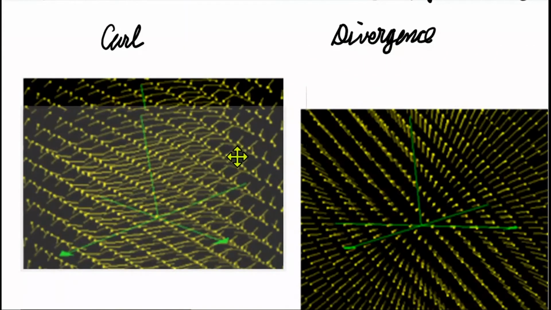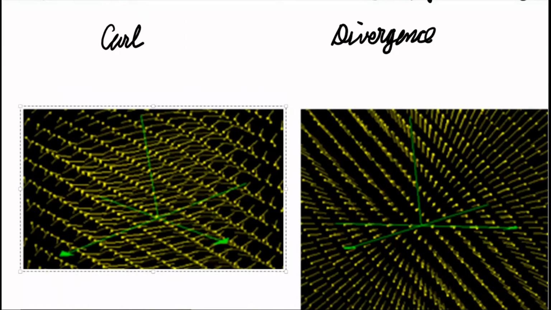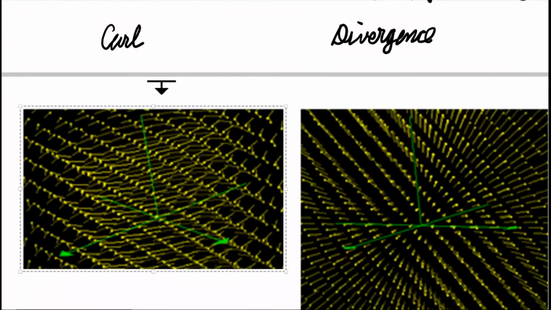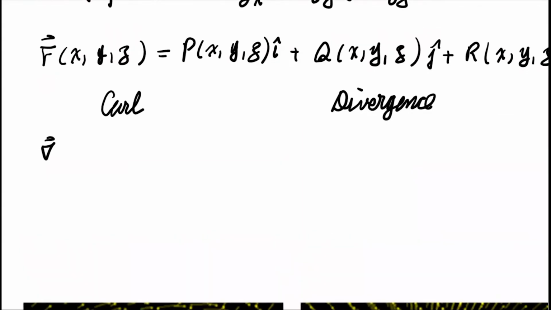But I'm going to write down the formula first. So curl is done this way. It is your del operator cross product with your vector field.